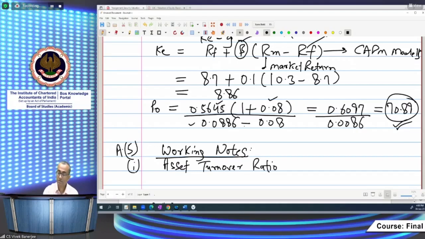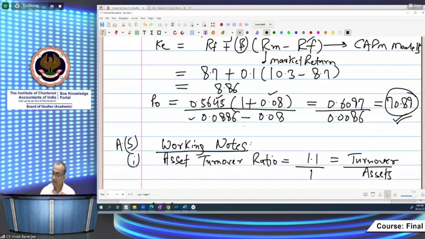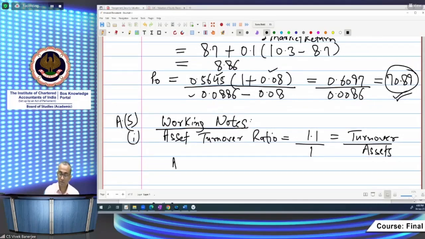Asset turnover ratio is given, which is actually 1.1, and asset turnover ratio is equal to turnover upon assets. So what it means, turnover is 1.1 of the assets, and assets are given. Assets is equal to 600. Assets is 600 lakhs.